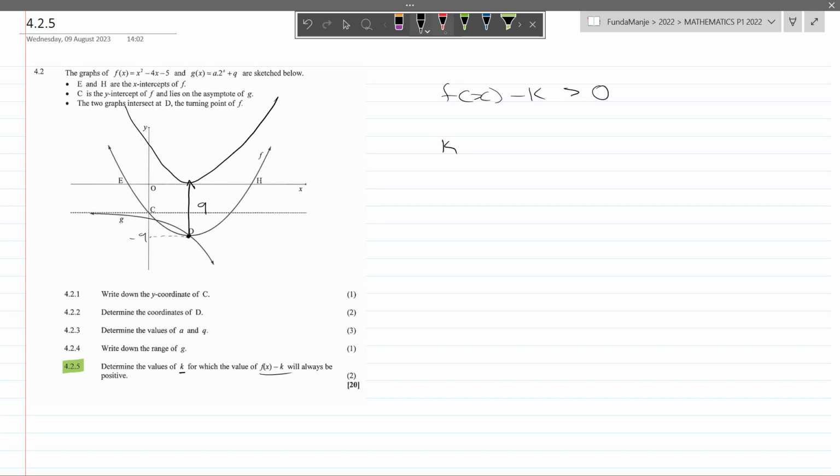So k needs to be -9, because when we substitute k as -9, we get f of x minus -9. This will be f of x plus 9, basically shifting all our points 9 units up. So for values of k that are smaller than -9, our graph will always be positive.